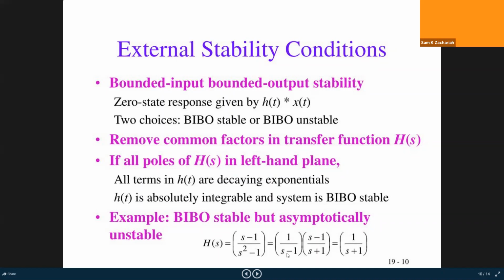Here we are removing all common factors, and after taking the reduced form of H(s), if all the poles of H(s), meaning the roots of the denominator, are in the left hand side of the S plane, the system is stable. Here the pole is at s is equal to minus 1. It is to the left of the imaginary axis by an offset of 1. So it is a stable system.